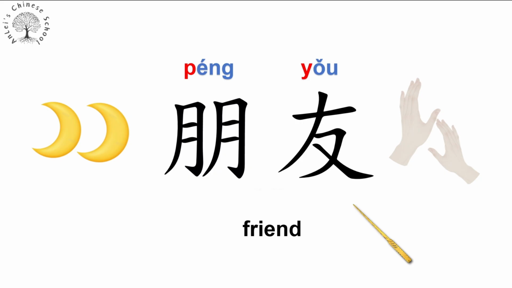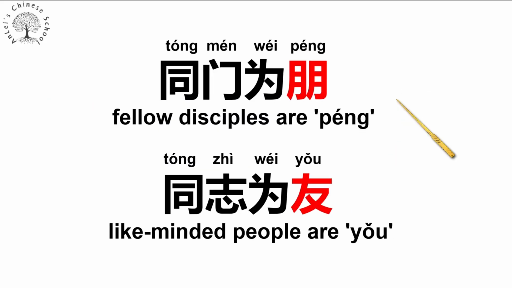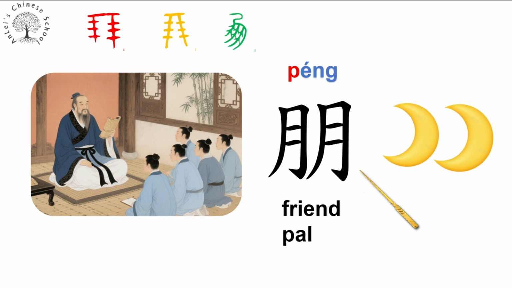Is there a distinction between Peng and You in traditional Chinese culture? In ancient China, people believed 同门为朋, fellow disciples are Peng, 同志为友, like-minded people are You. Fellow disciples usually refers to people who study under the same teacher or school. They are connected by their shared academic background or master-disciple relationship.